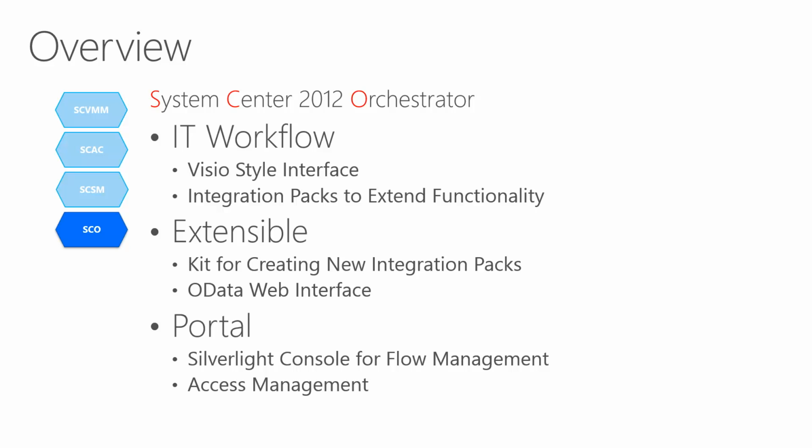Now, this is extremely powerful. The idea of having an IT person write an automation without any knowledge of a scripting language by simply dragging a flow onto a canvas and then providing some properties about that flow.